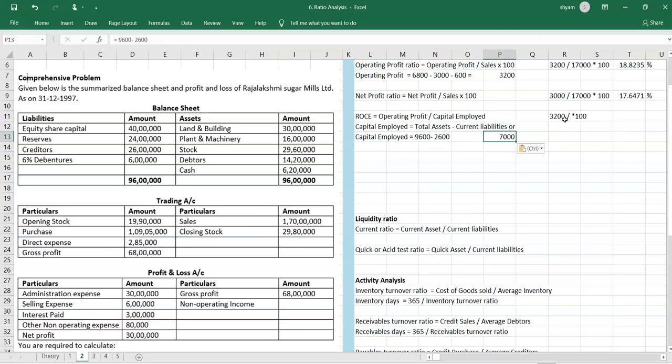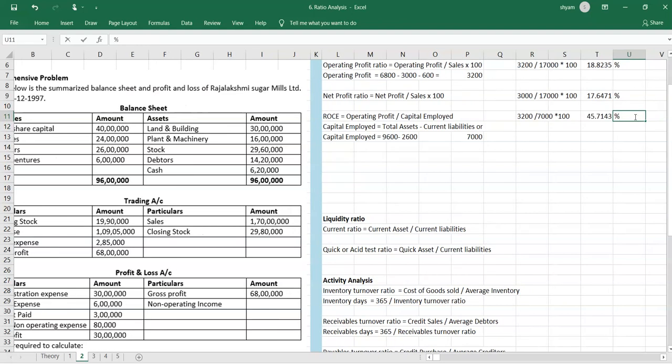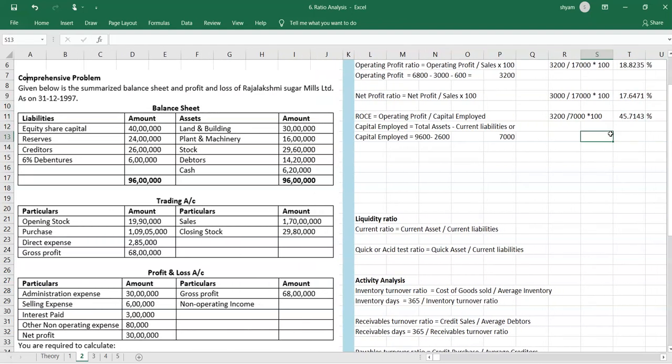Okay, let's solve it. So we got 45% as an answer.